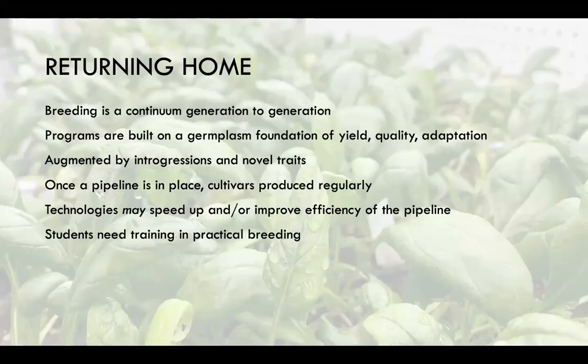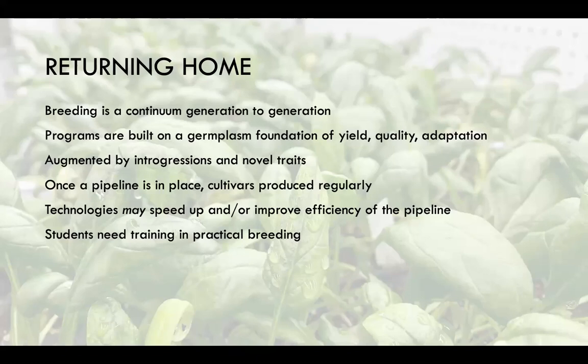Okay, so at this point, I just want to return home from this kind of quick breeding trip, as Bilbo comes back from the mountain. Breeding is a continuum from generation to generation, not only generation of the plants, but generation of breeders.